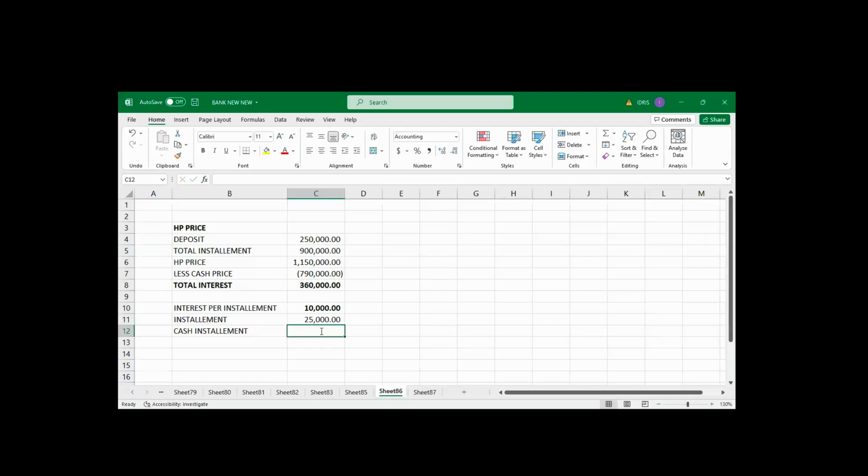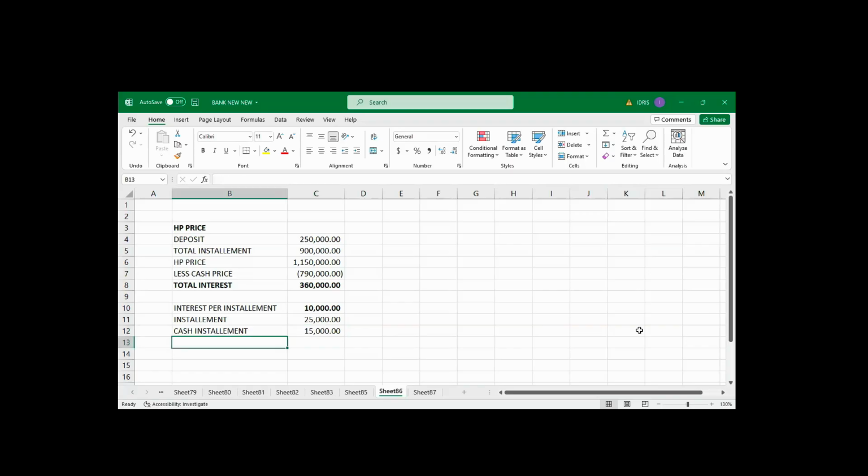That means the installment he paid every month minus interest every month. So out of that 25,000, cash installment is 15,000. When you are done with this working, you can solve that question.